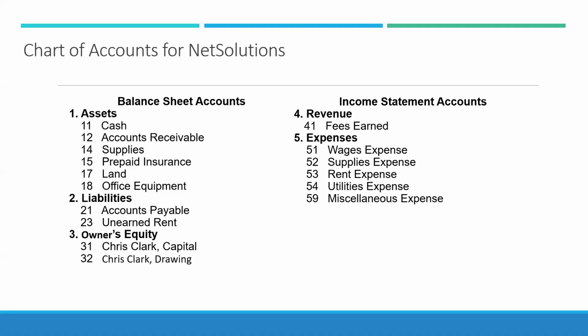Usually it will say the word revenue after it. But this one, fees earned, is a revenue account. And then all the expenses, so revenues increase our owner's equity and our expenses decrease our owner's equity. Do you guys see every single one of these expenses has the word expense after it? So you'll know it's an expense.